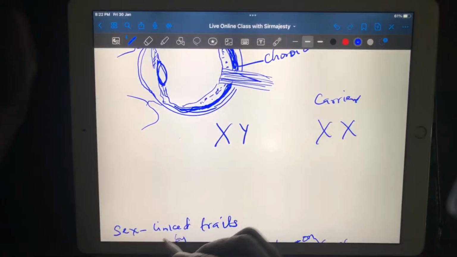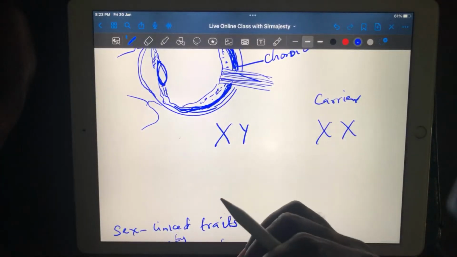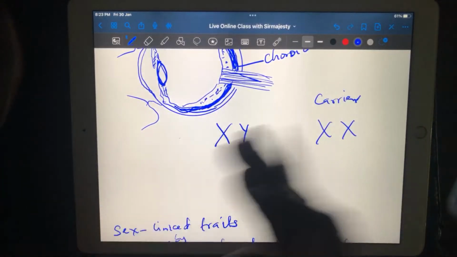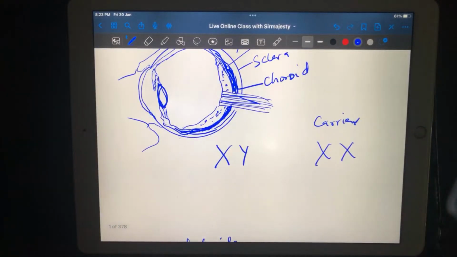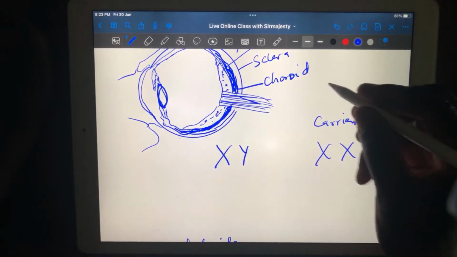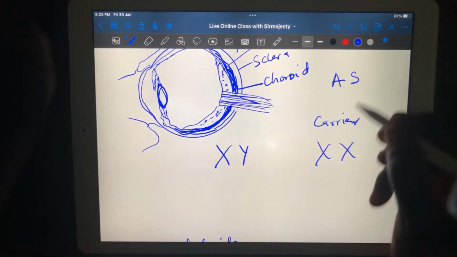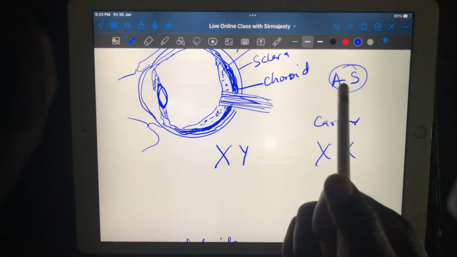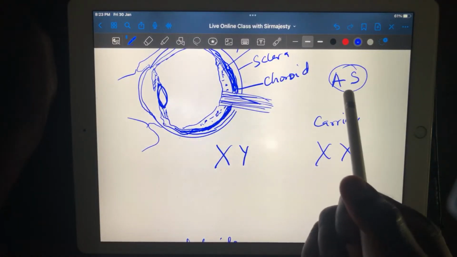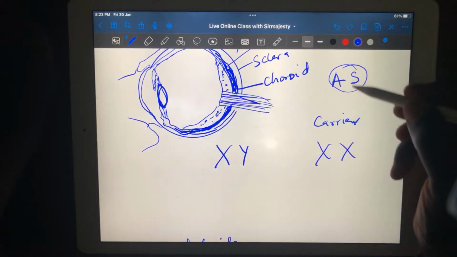Who is a carrier? Someone that has a defective gene and another normal gene that covers the expression of that defective gene. For instance, if you have this sickle cell gene and you have another normal one making you AS, this person is not a sufferer but a carrier of the sickle cell disease.